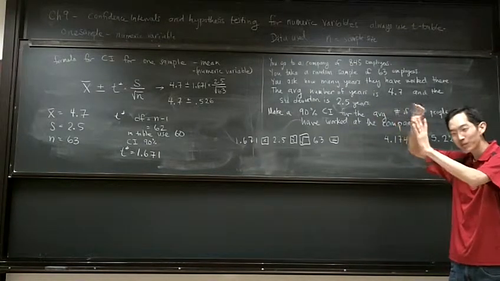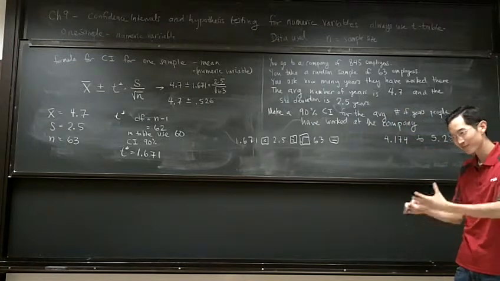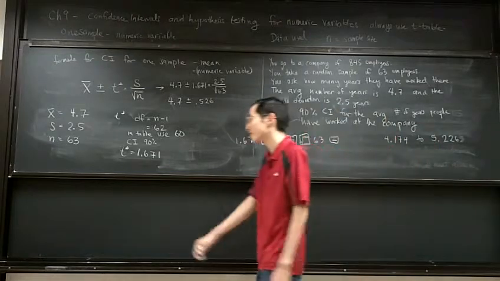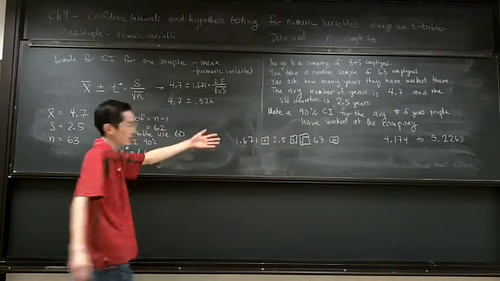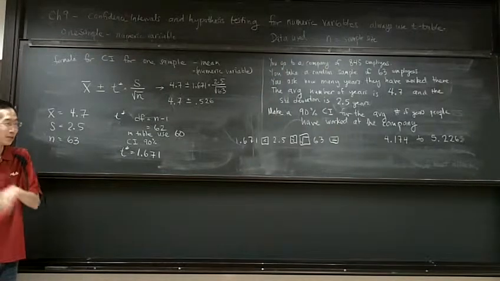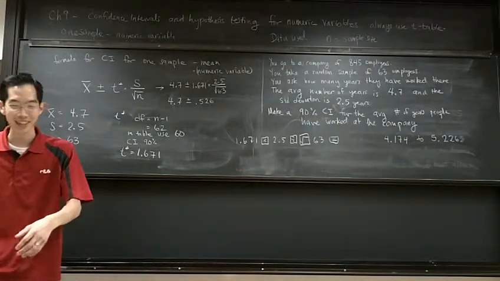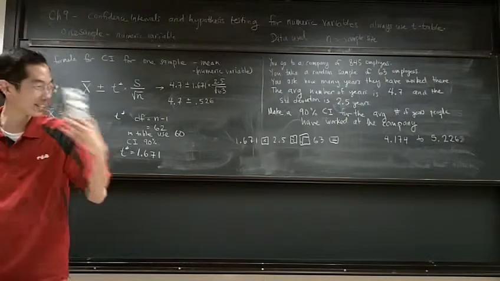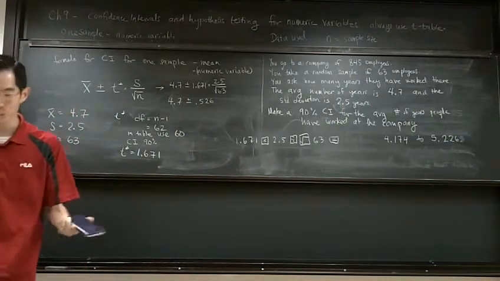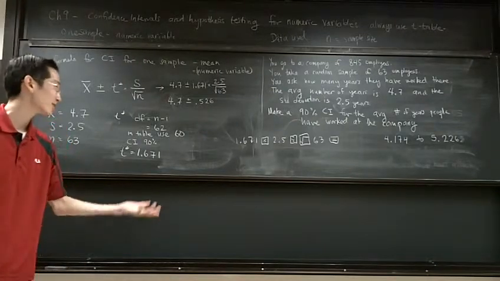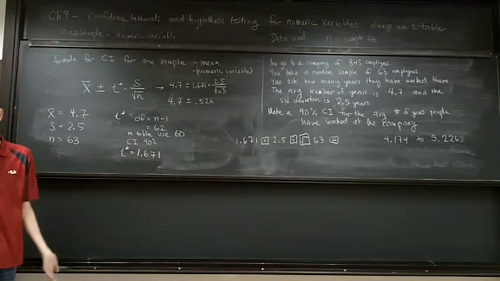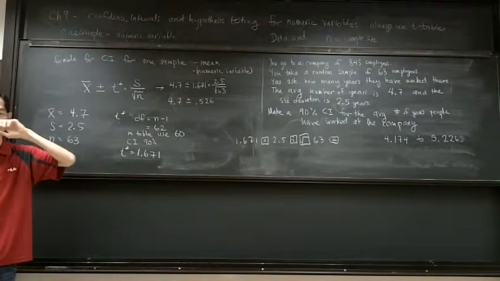Now, if you have a minimally functional calculator, it might involve a few more steps. If you have one of these calculators, you can do this and you'll be fine. If you've got a weaker calculator, you might have to find the square root of 63 by itself first and do these things individually.